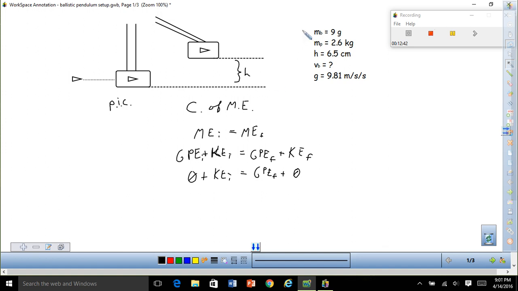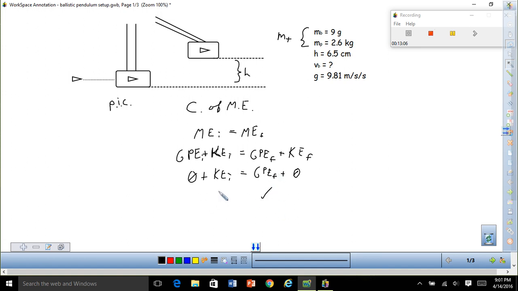Well, since we have the mass of the block and the mass of the bullet, don't forget to combine those since they are combined from this point onward. I'll just call that our mass total. Since we have our mass total and a height, and we know g, we can find the value for GPE.